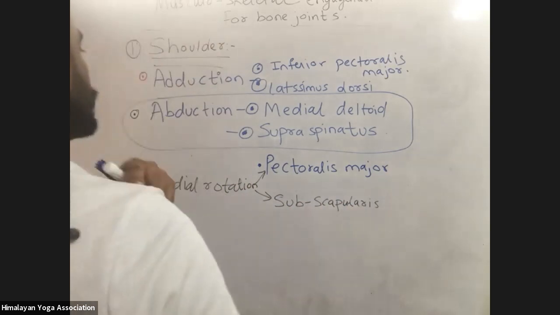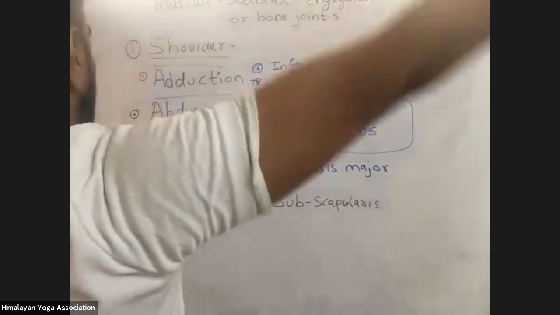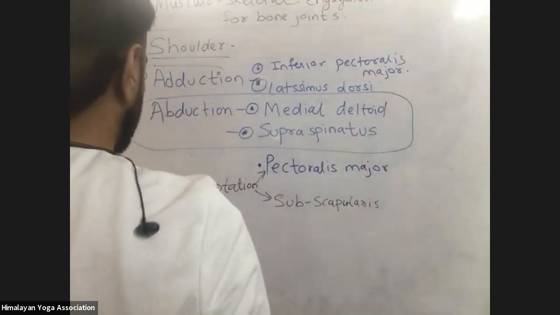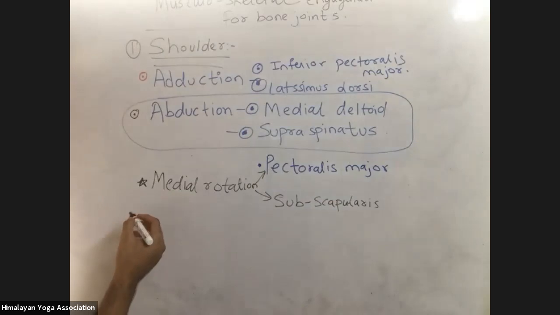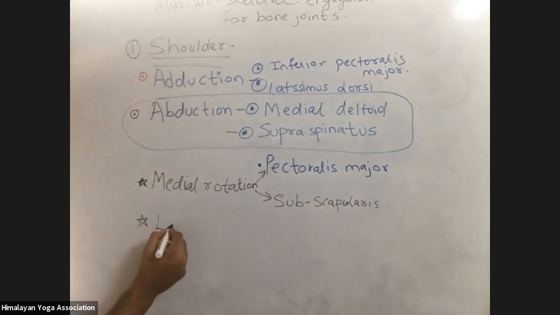When we move our shoulder inside towards the midline, that is medial rotation; when we move the shoulder out, lateral rotation. Subscapularis. So now we will see lateral rotation.